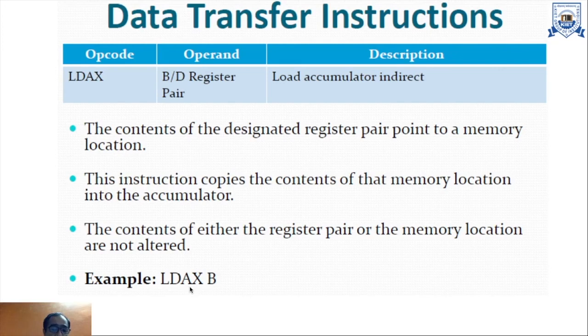Whatever address BC or DE has, the data at that address will be copied into accumulator A. The example is LDAX B. Whatever address BC contains, the contents of that address will be copied to the A register.